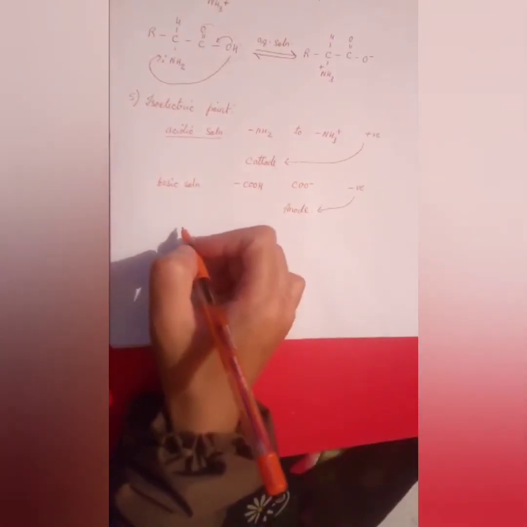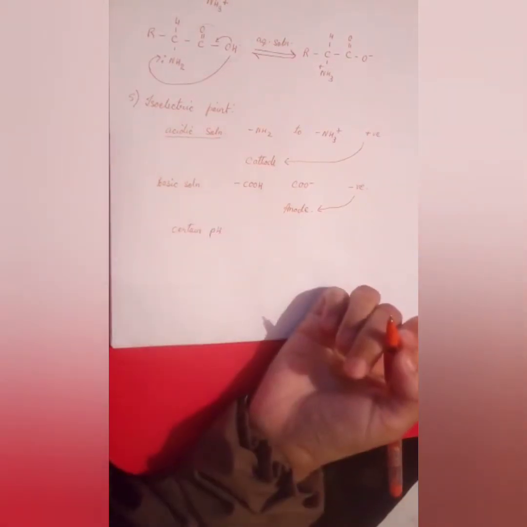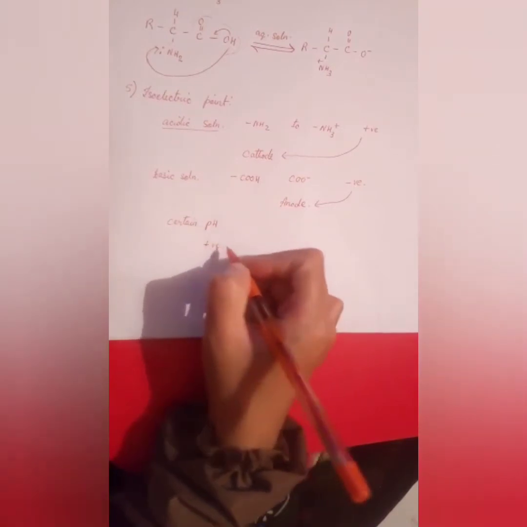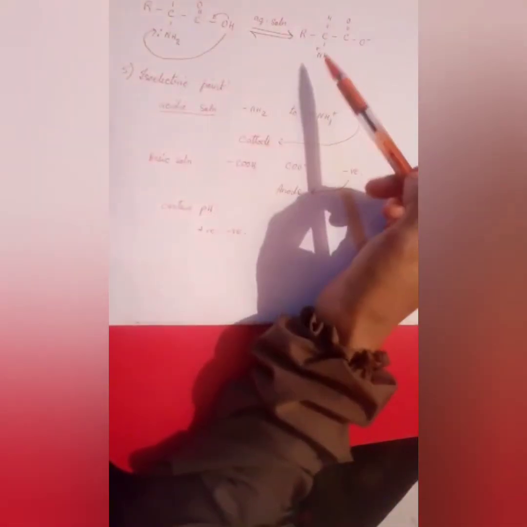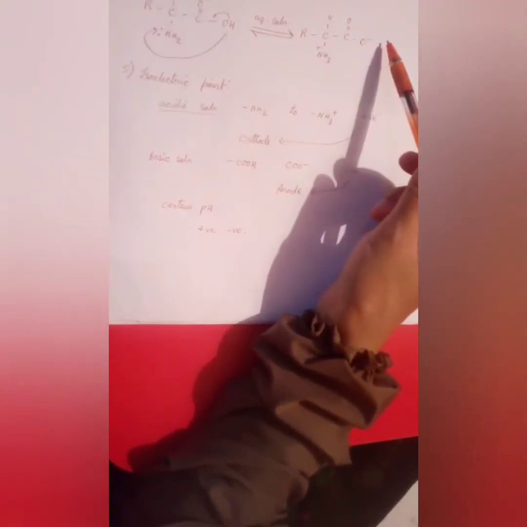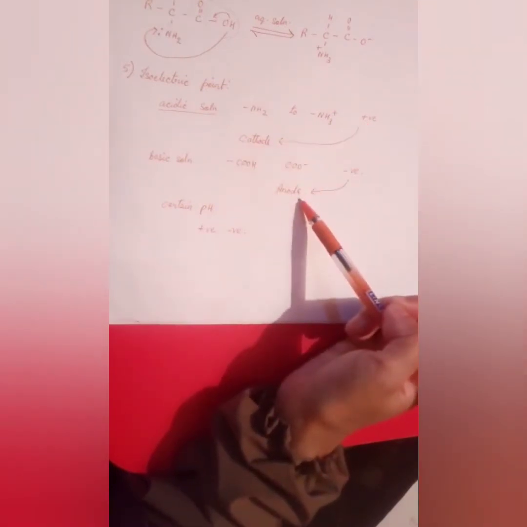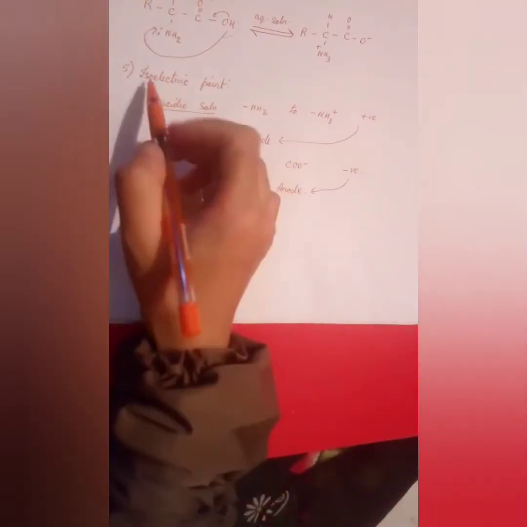And at a certain pH, the amino acid will carry both the positive and the negative charge, just like in this case. Now this specific pH, where there is no migration of the amino acid either towards the cathode or the anode in an electric field, is called the isoelectric point.